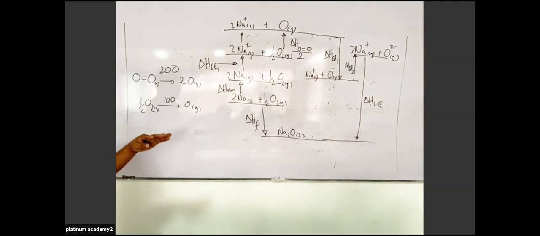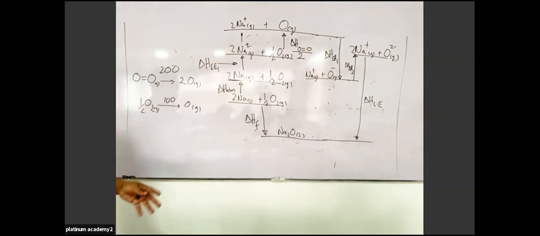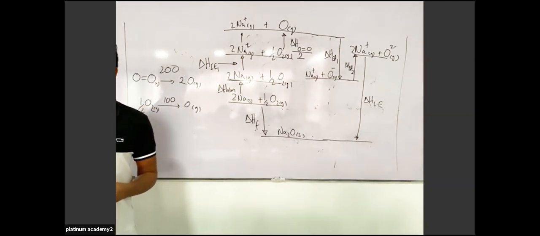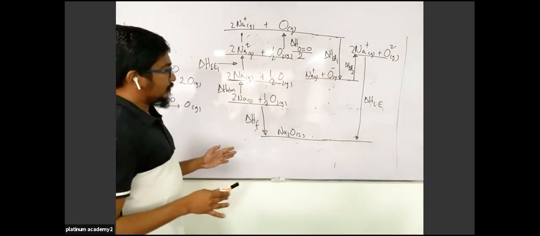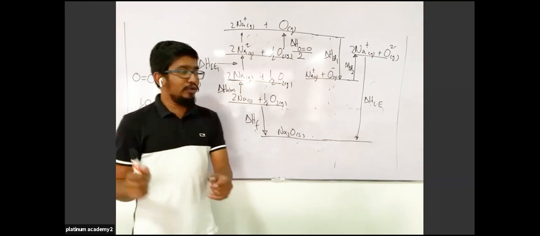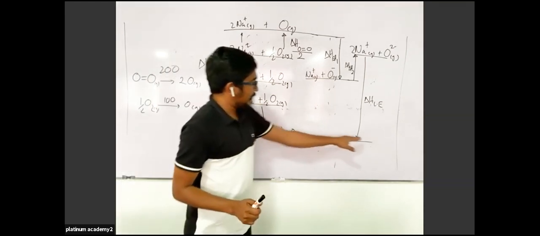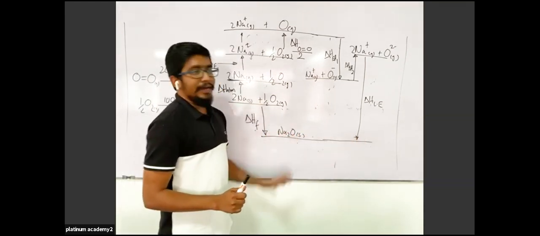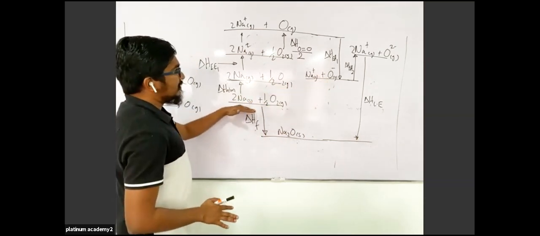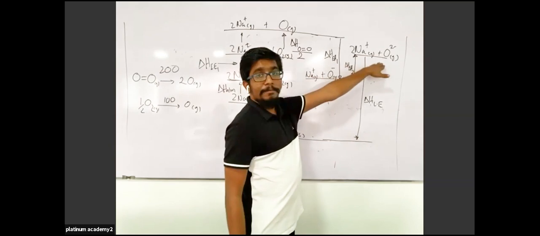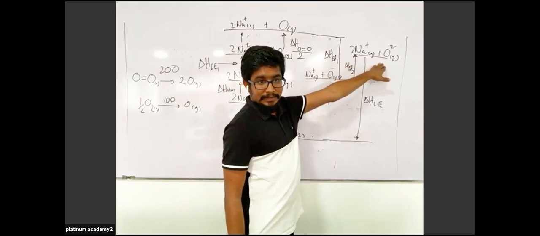After drawing the full Born-Haber cycle, before I show you all the calculation, this is what you need to understand. Revise quickly. What did I do? First, I drew lines like this and drew down the ionic solid. There are two methods of making the ionic solid: one is from the elements, the other is from gaseous ions.